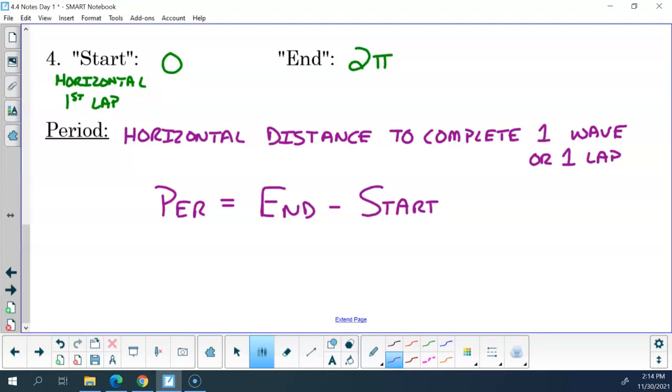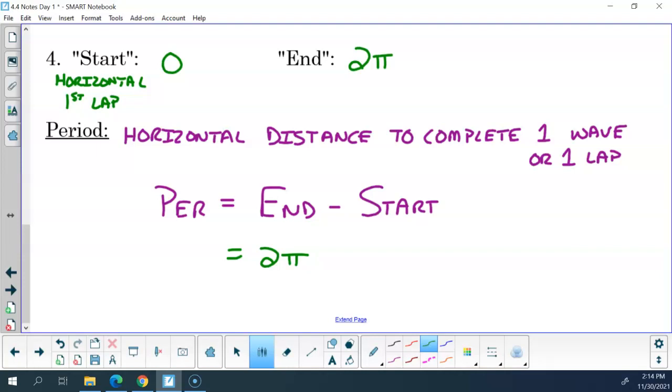In this particular case, the period would be 2 pi. All of your graphs today, your period is going to be 2 pi. Tomorrow, we'll deal with some period changes, and then your periods won't necessarily be 2 pi. Questions on any of those?